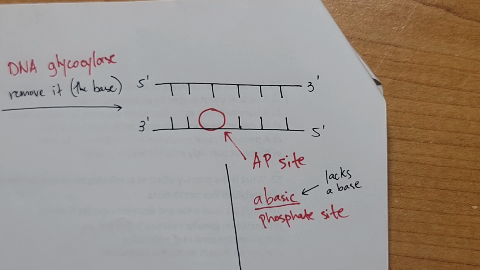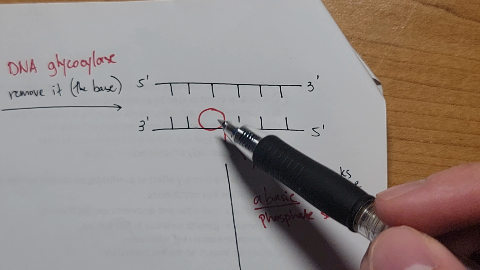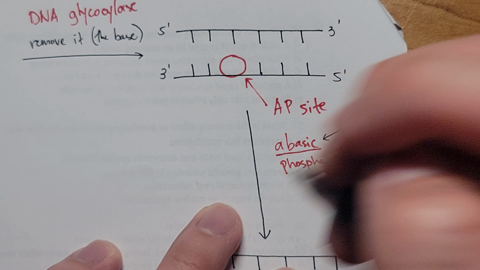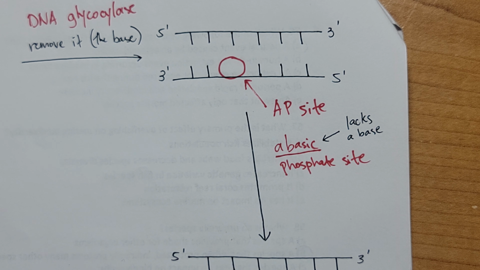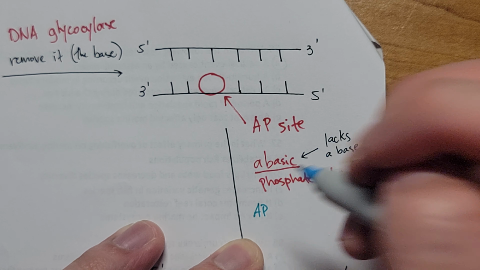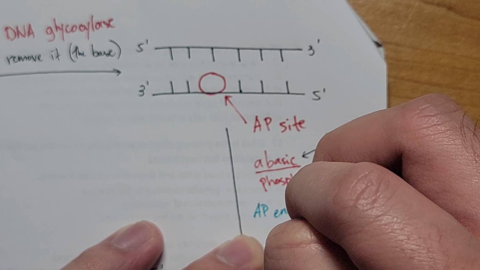Now, because we have the AP site, there will be an enzyme that will recognize, or will be alerted, that there's something wrong on that site. There's no base. So that means an enzyme will be alerted, and that enzyme is called AP, same thing as Abasic Phosphate, endonuclease.